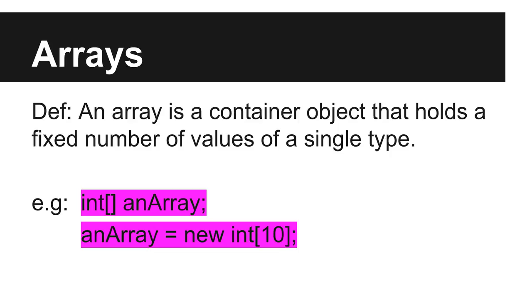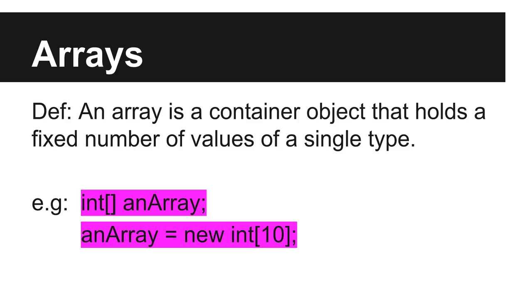Okay, so now you have the data type with the square brackets, the name, then the new keyword, and finally you must write the data type again with square brackets, but this time inside the square brackets you must write how long the array you are creating is. How many slots, how many things, how many objects will this array hold inside. Once you have declared an array and specified its length, you cannot change that.